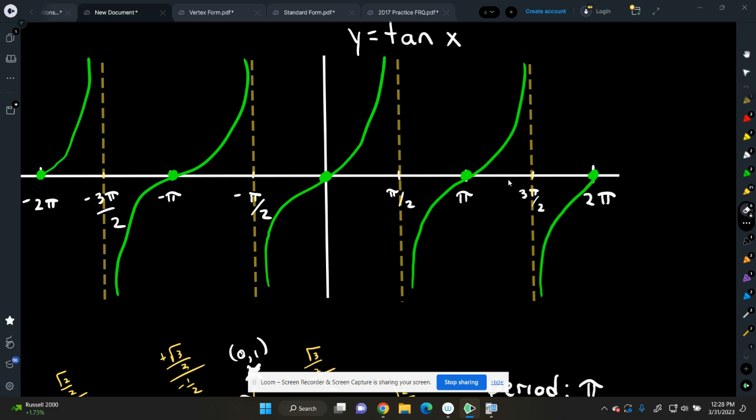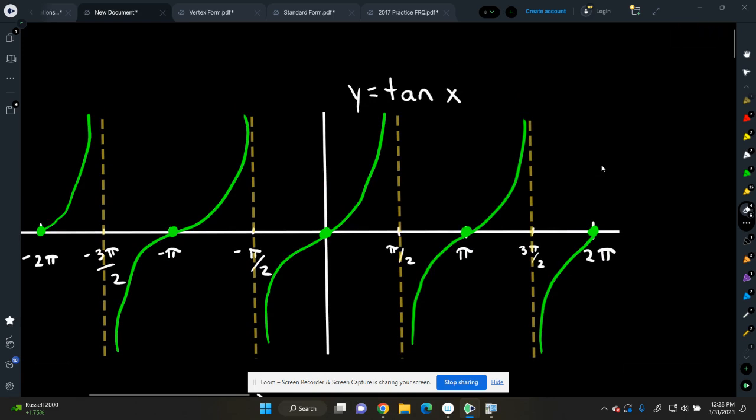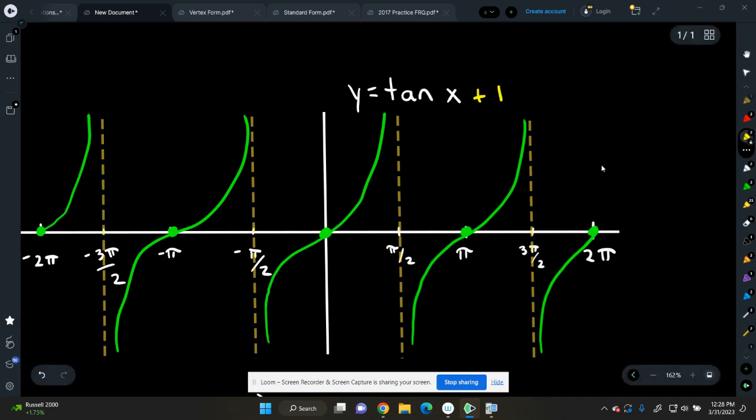Okay. I would want you to be able to recognize translations of that function. For instance, if it was tangent x plus 1, what do you think would happen? Yeah, the entire curve, the whole thing, would shift up 1.